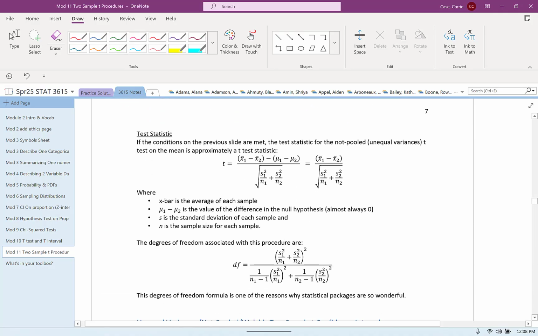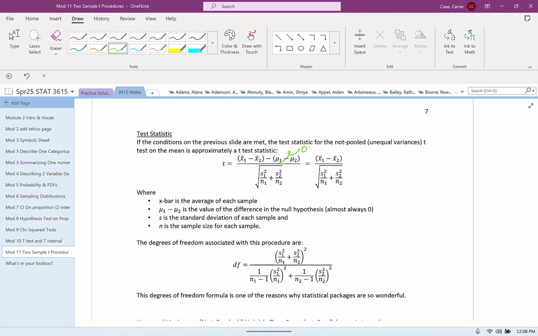All right. So our test statistic, if the conditions on the previous slide are met, the test statistic for the not pooled or the unequal variances t-test is approximately a t-test statistic, and it's very similar to the last one. It's x bar 1 minus x bar 2 minus mu1 minus mu2, where mu1 minus mu2 is almost always 0.